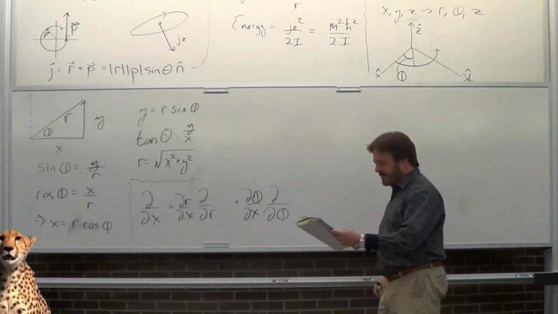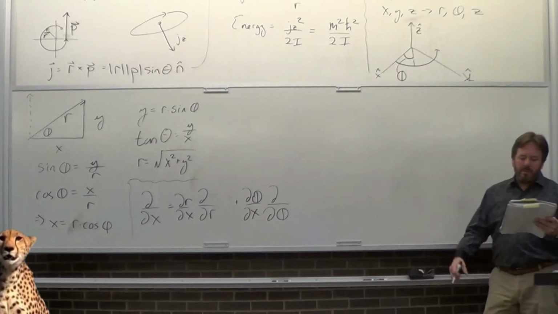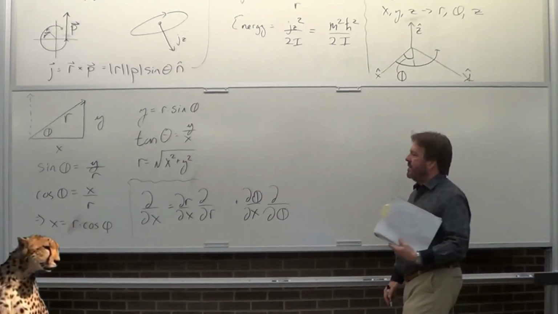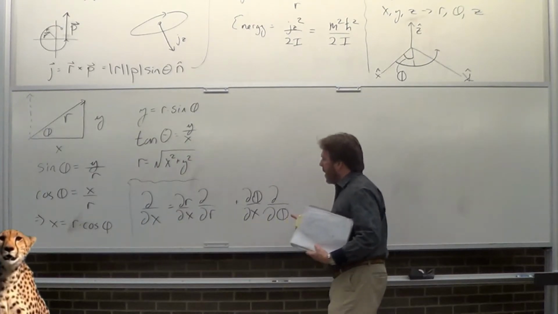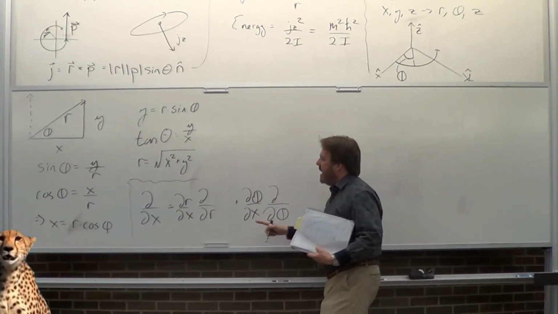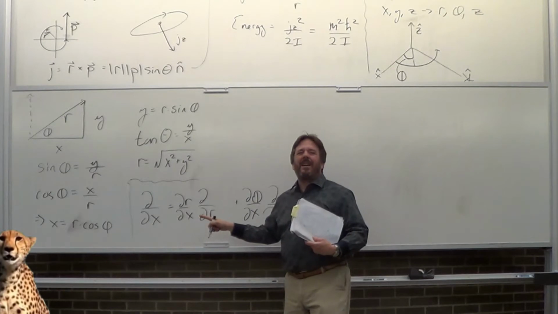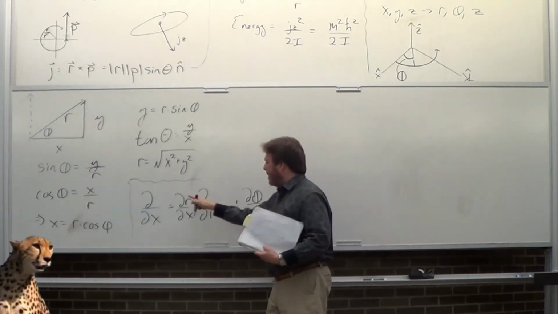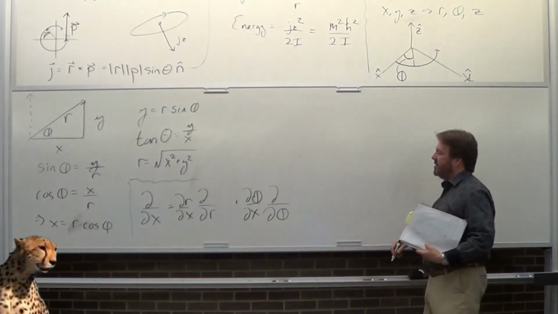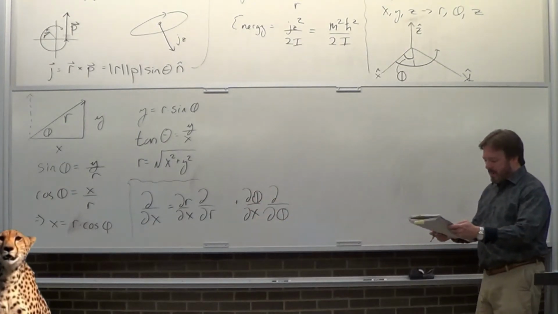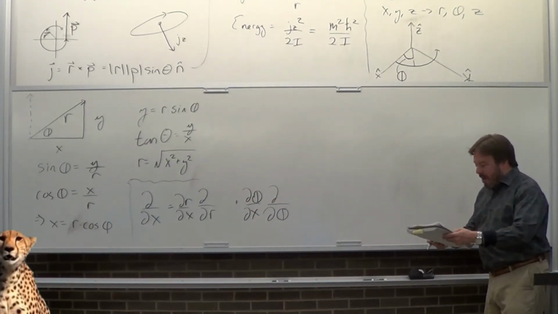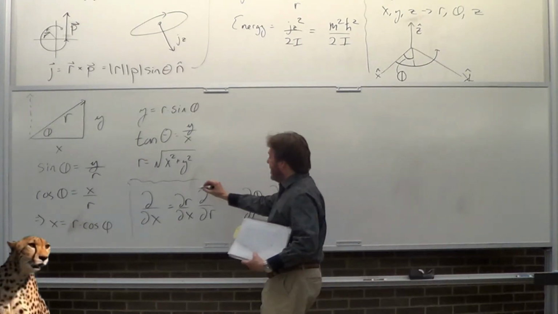It's like chain rule and product rule, because f is a function, x is a function of r and phi, so you end up with a product rule and two terms. I'm probably getting the descriptions wrong, but I think chain rule is why this works, because you just cancel out the change in r's and the change in phis. So there you go. Now all you have to do is figure out what these are.